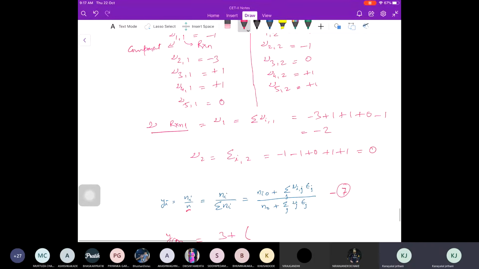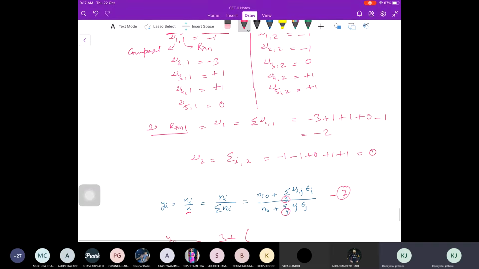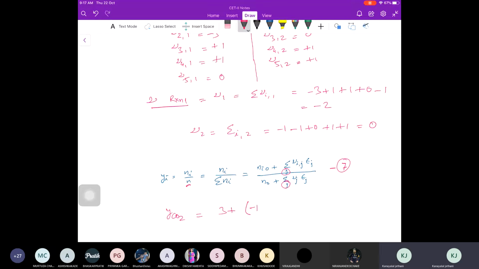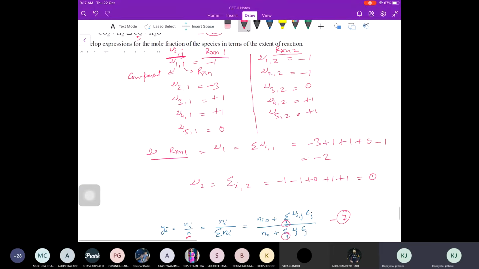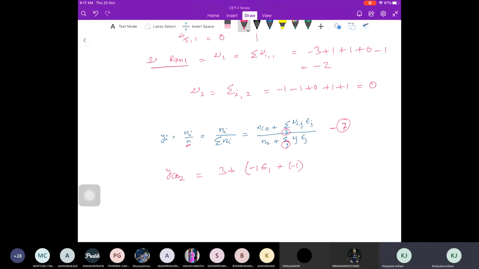So this is a summation over reactions. So component 1 in reaction 1 is minus 1 into epsilon 1, plus component 1 in reaction 2, again minus 1 into epsilon 2.